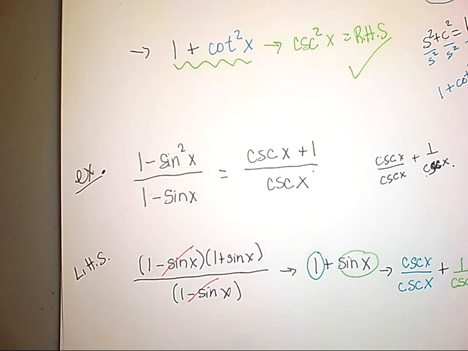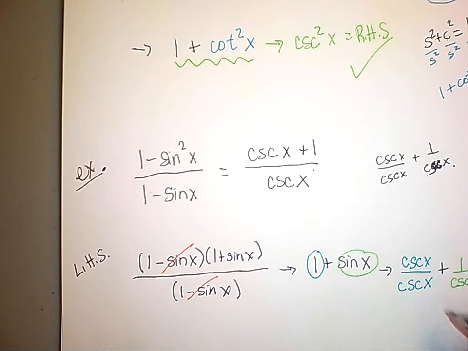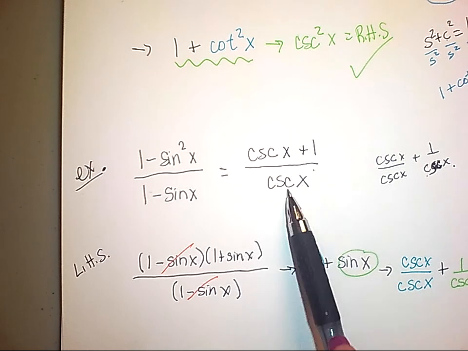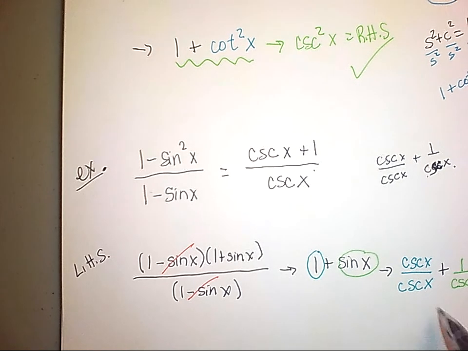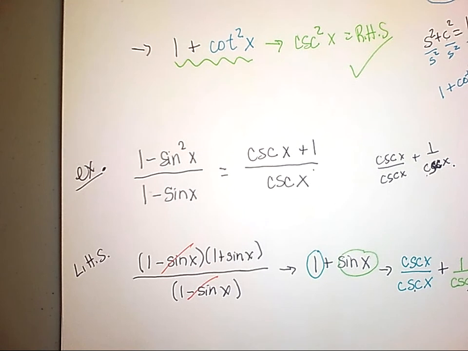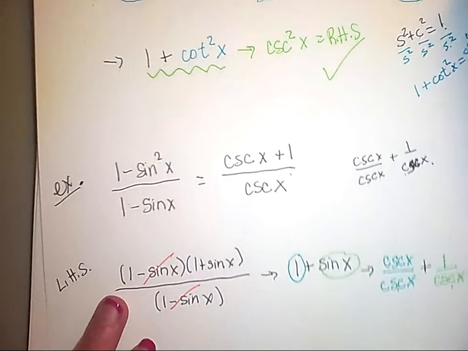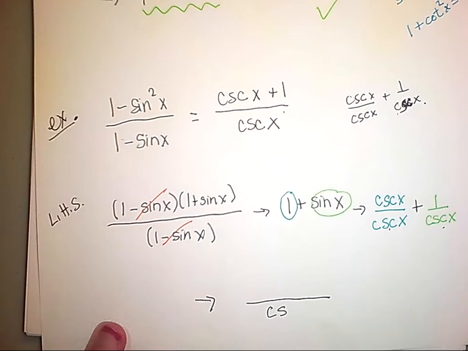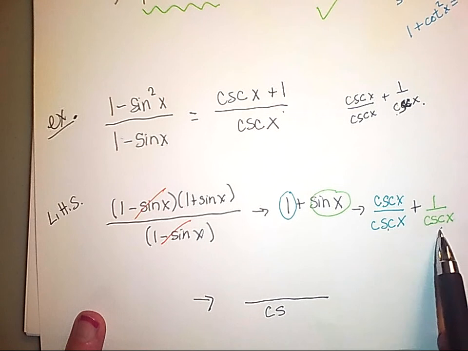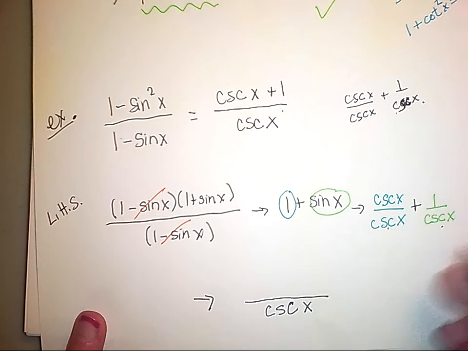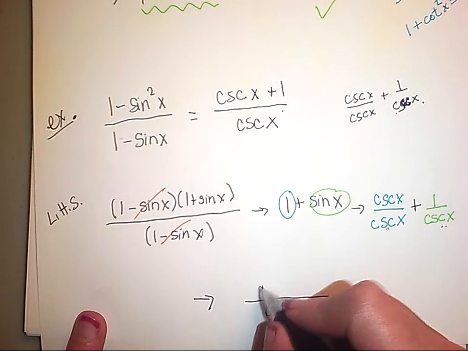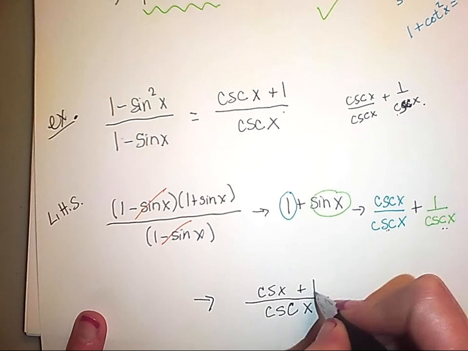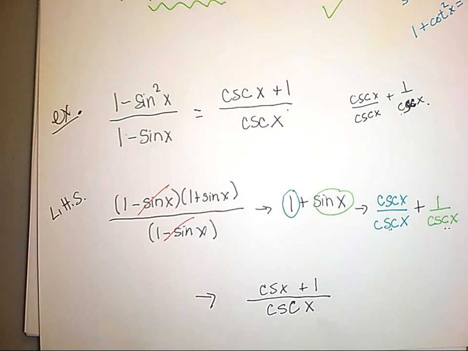So that goes here, and there's still a plus inside. Now we can just add the fractions together. From here, we have the common denominator, so we could write that as the cosecant of x, and then the first one's the cosecant of x plus 1.